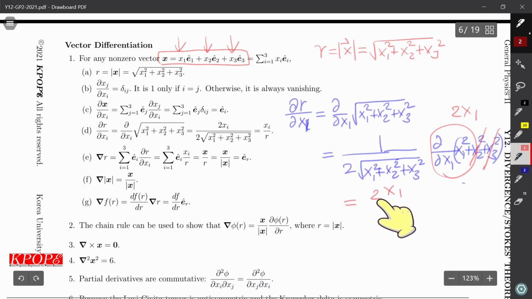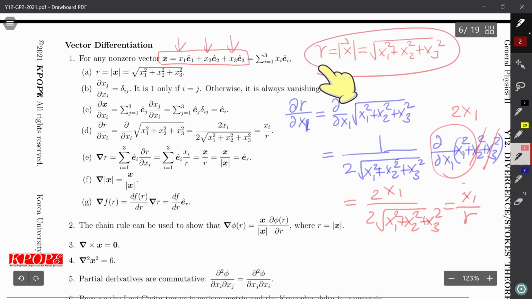Therefore 2x1 over 2, that is x1 over r, where r is this one.